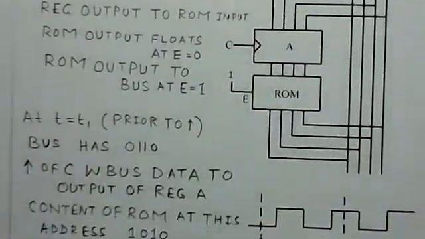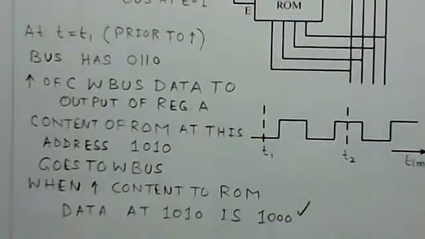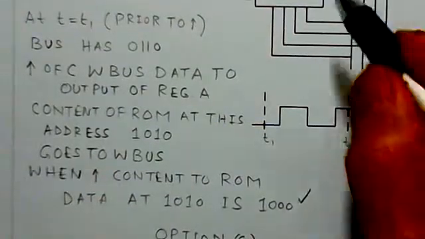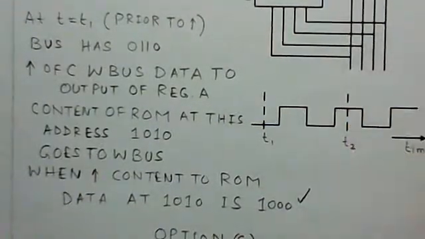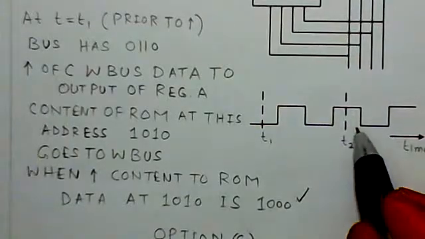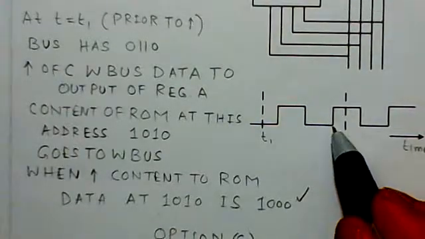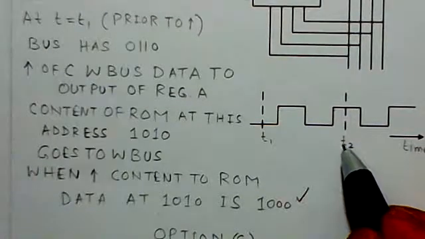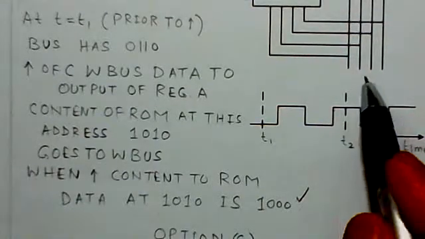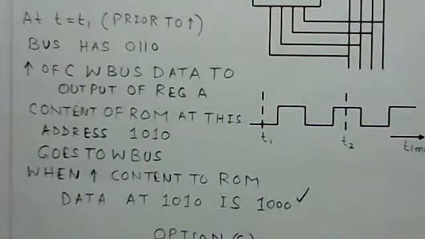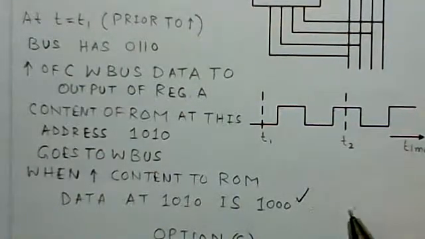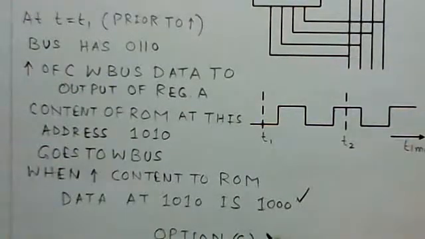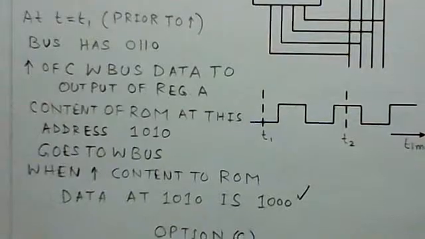So the content 1000 would come on the bus, and since the rising edge has come prior to the instant T2, this will be available on the bus.